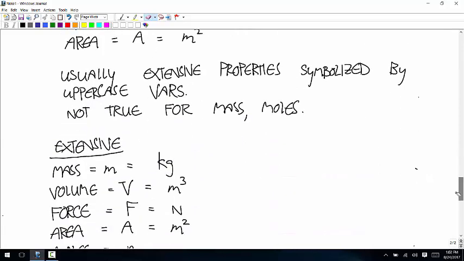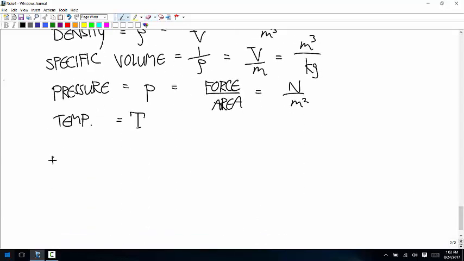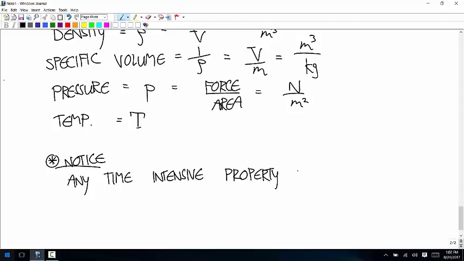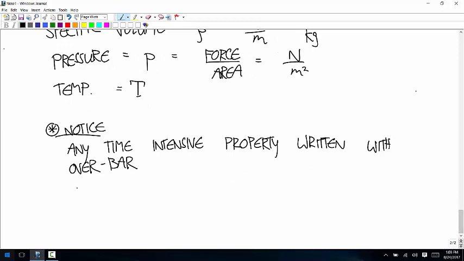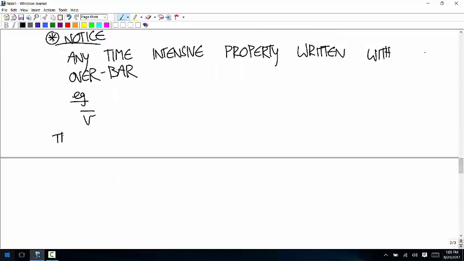Okay, one thing to notice. Anytime you see an intensive property written with an overbar, so like for example, if you see a lowercase v with a bar over it, that means that you're calculating it per mole.